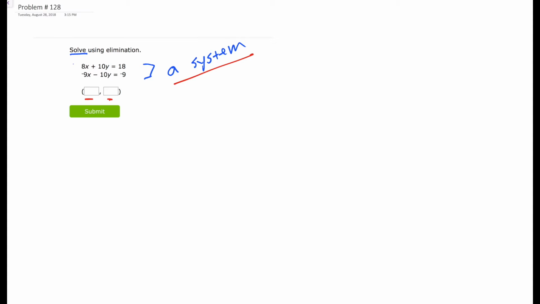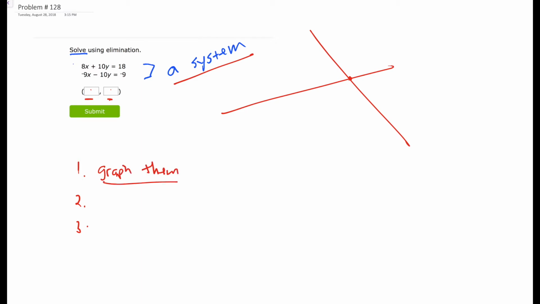You graph them, and then you see where they intersect. There are 3 skills you need to have, but you know one of them, and I'm going to teach you 2 more today. If you graph them on graph paper with a ruler, you'll find the point that they have in common, and you have your answer.